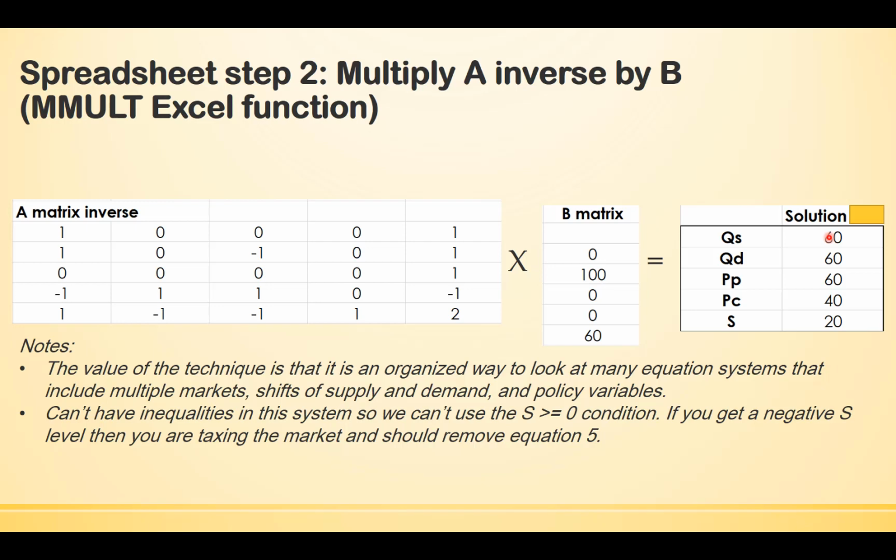Excel's good at the tedious stuff, but we have to be good at setting it up and giving it the right instructions. Okay, so we could follow that through, and you would see that this all works out. And we will. I want to switch to the spreadsheet here in just a second and show you how it works.